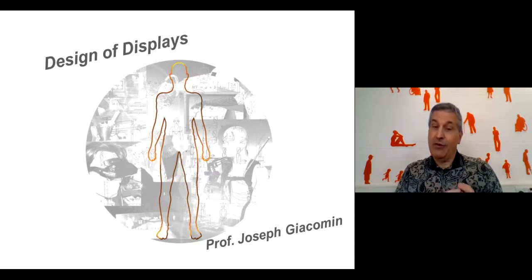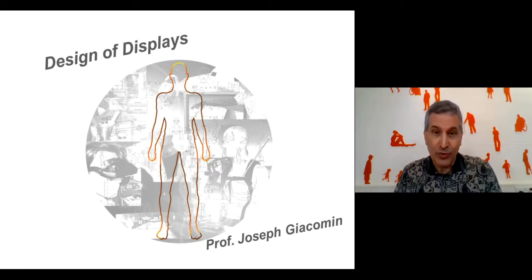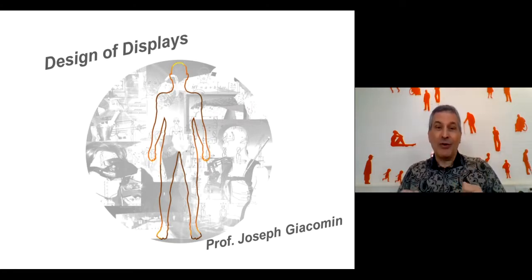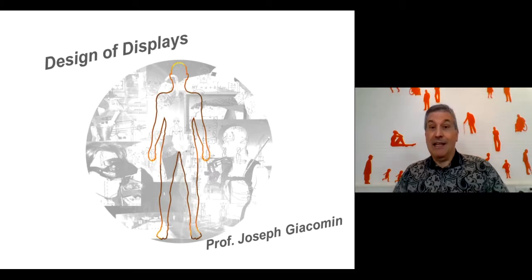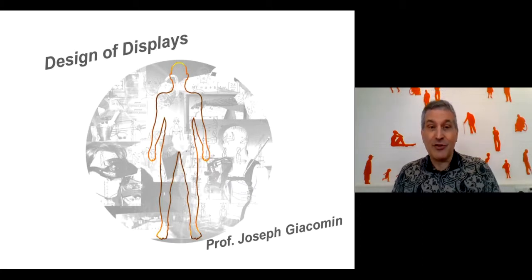So we talked previously about issues involved with how we control a device or request things from it or interact with it. Now we're going to talk about the other way around. How does the product, the system, or the service tell us the response? How does it tell us what's going on? How does it tell us, inform us about its situation?